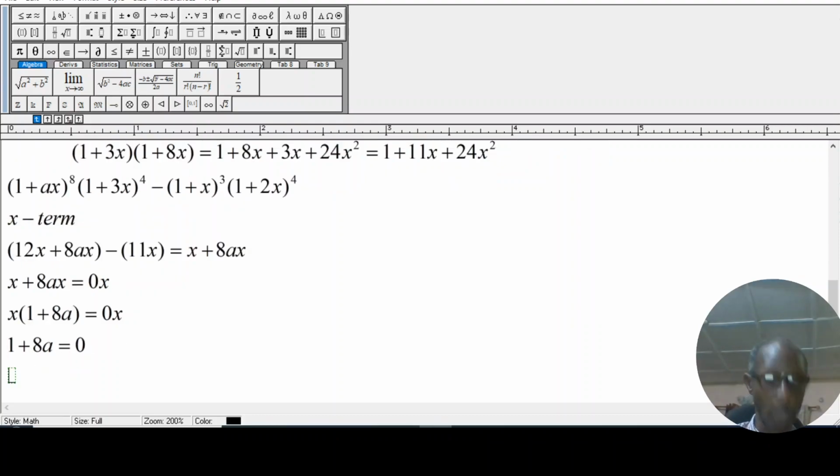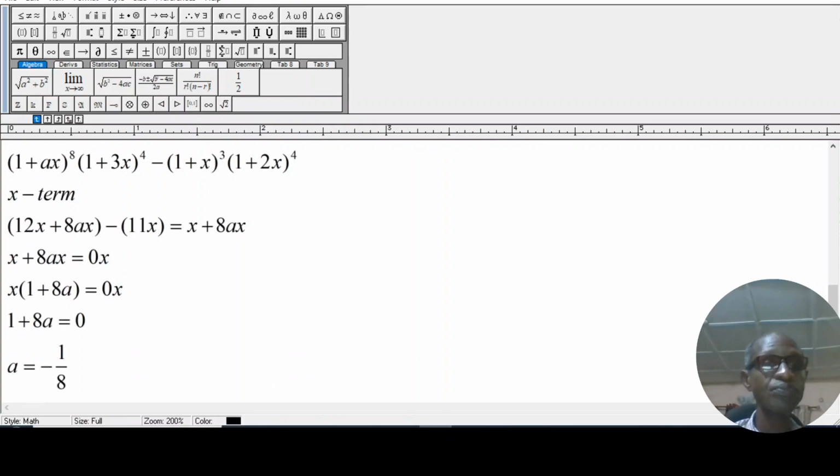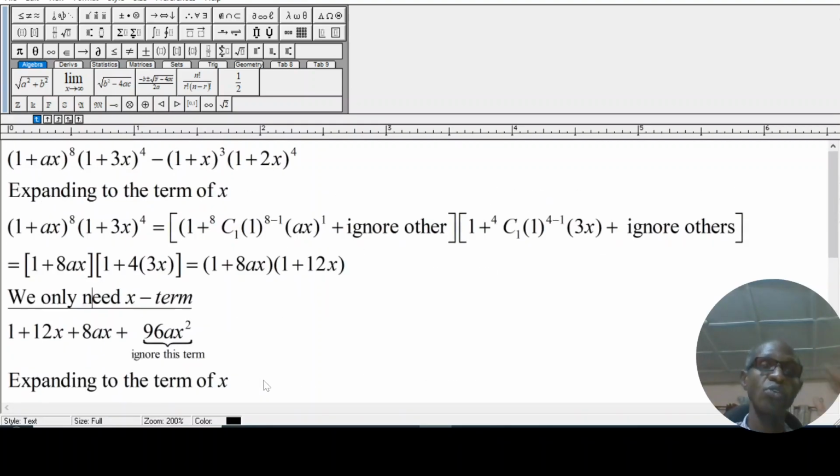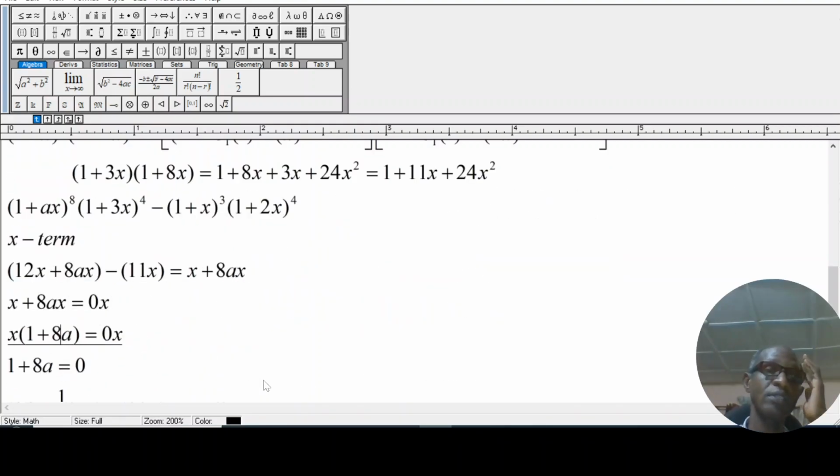So our a is equal to minus 1 over 8. So that is our a. This is how to go about solving this problem.